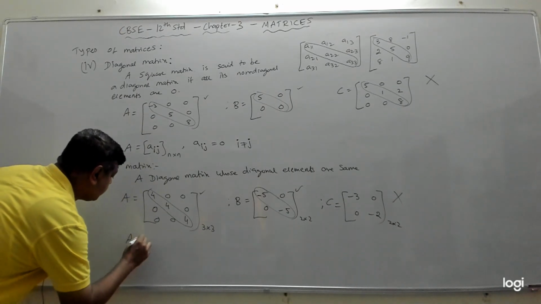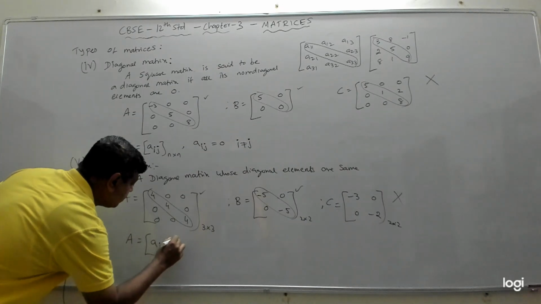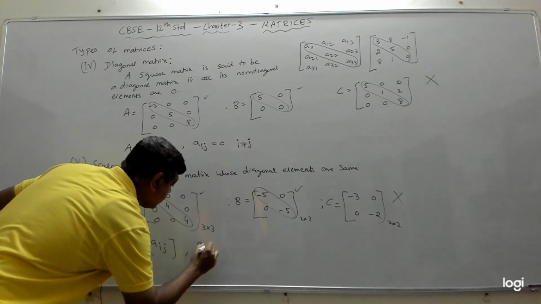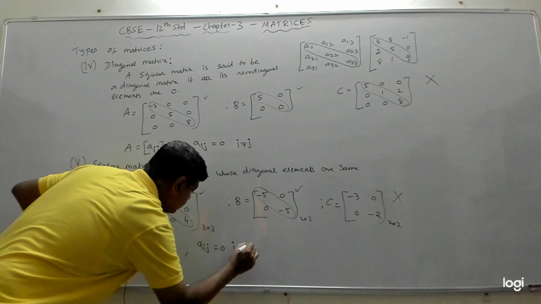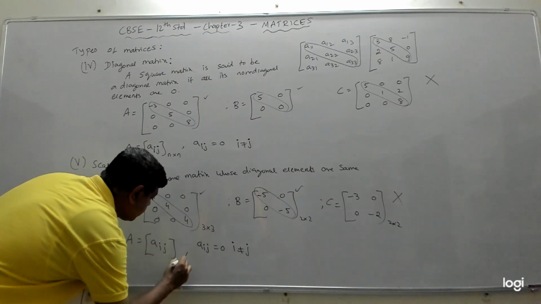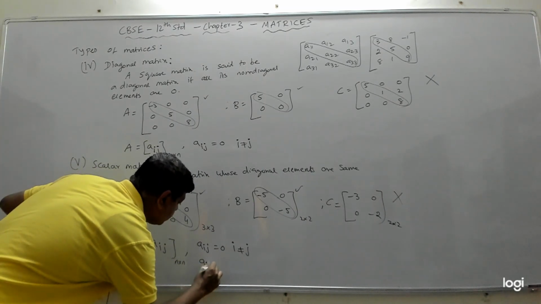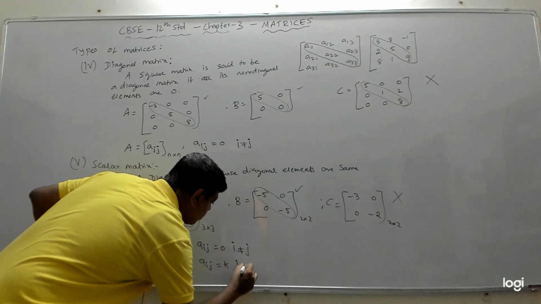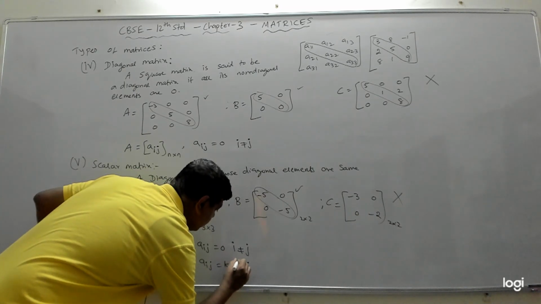A is equal to, we'll define it as Aij, where Aij equal to 0 whenever i is not equal to j, and the order should be n cross n. It's a square matrix, and Aij equal to some constant number k whenever i is equal to j.